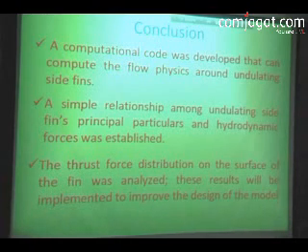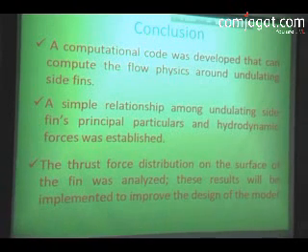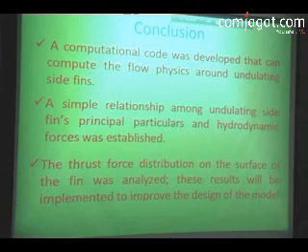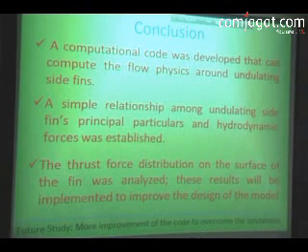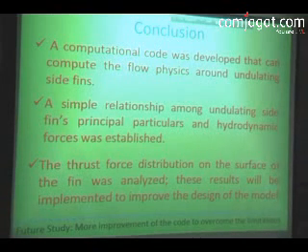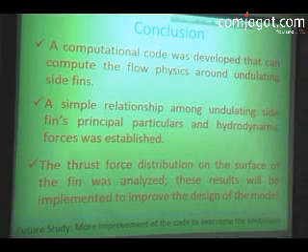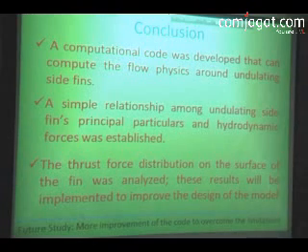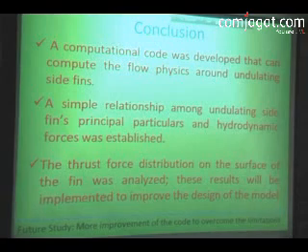These results will be used to improve the design of the model. In future, we have already made a fin. Here we used a flat plate. We already made a fin very similar to the model, and we will try to improve our code to overcome the limitations I mentioned. Thank you very much for your kind attention.